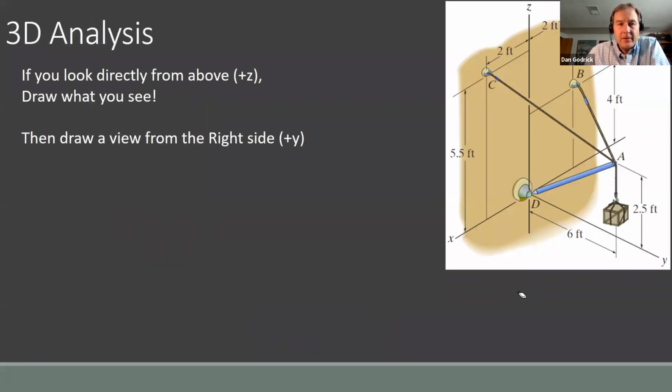So what I just said, if you look directly above from the Z, draw what you see. Then draw from the right side. I already did the Z-axis. So if I'm looking from the right side, what does that look like? Well, I got AD, looks like it goes straight up. And then that would be D, that would be A. And that would be, I think, B, like that.